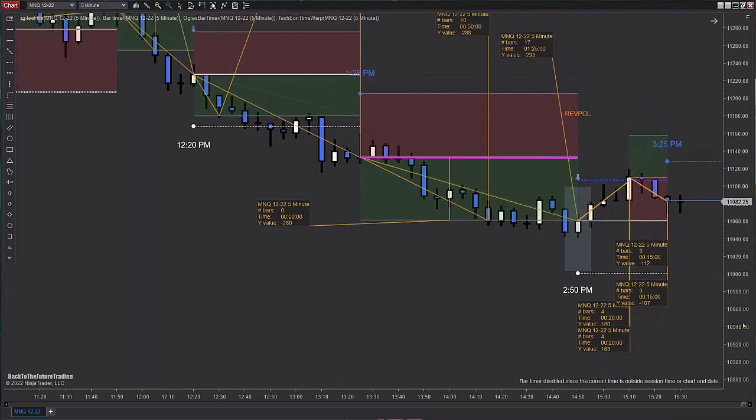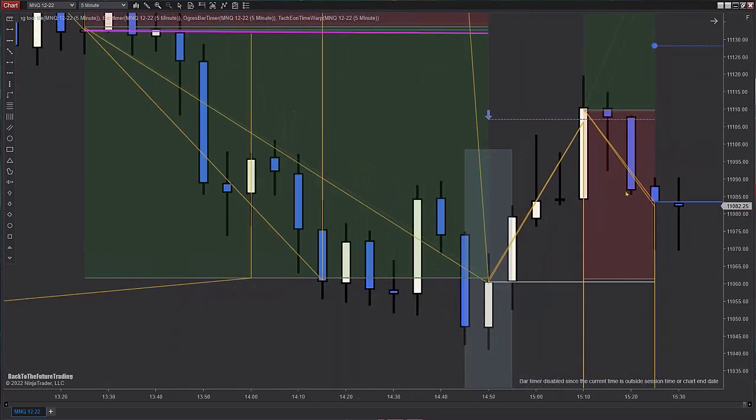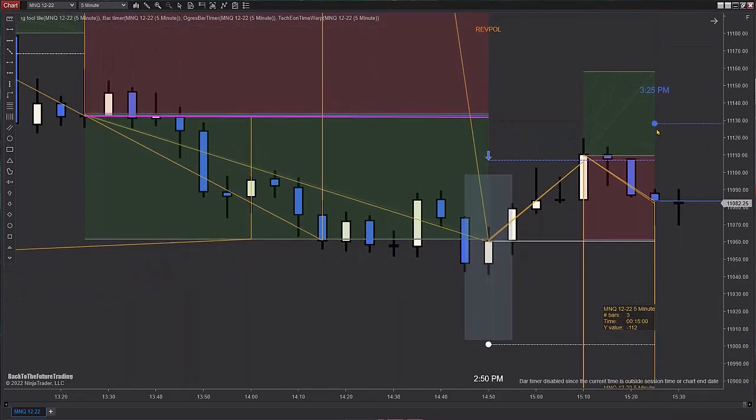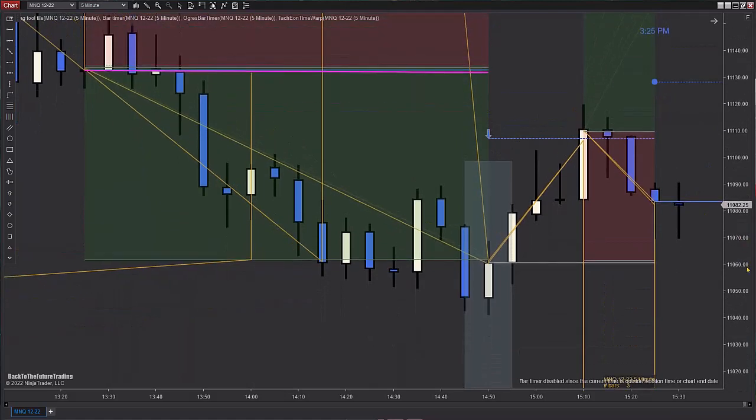Oh, see here, look. Here's one of the ones, or oh no, that should be a rev pol, man. I'm telling you. Oh no, it shouldn't. Oh, interesting. Because this next bar is a blue bar, it's saying that this is not a rev pol. That actually makes sense.